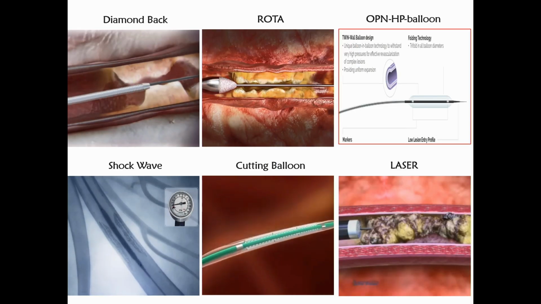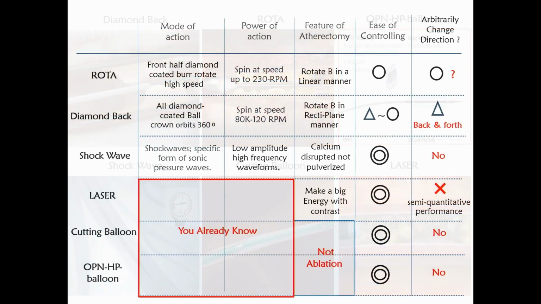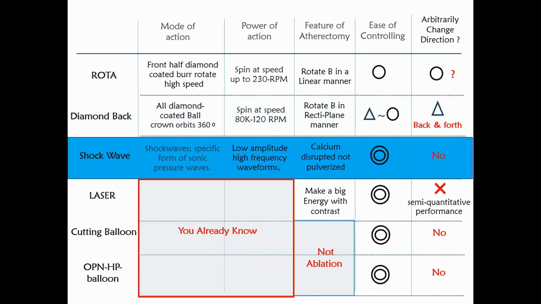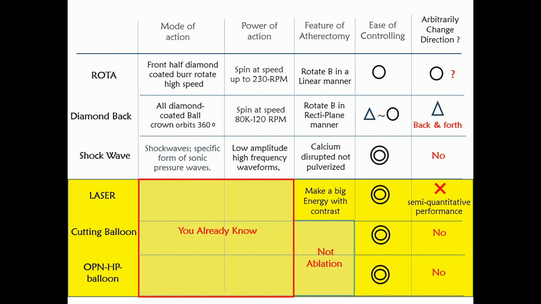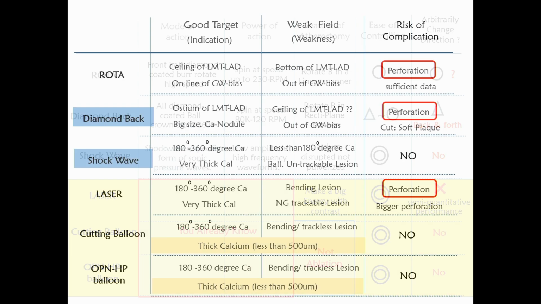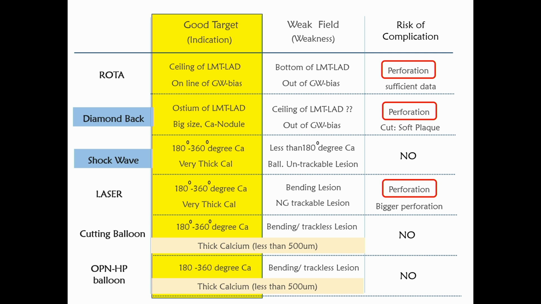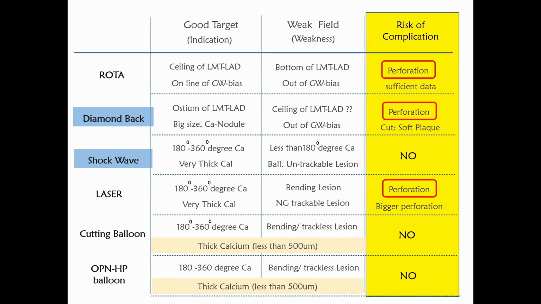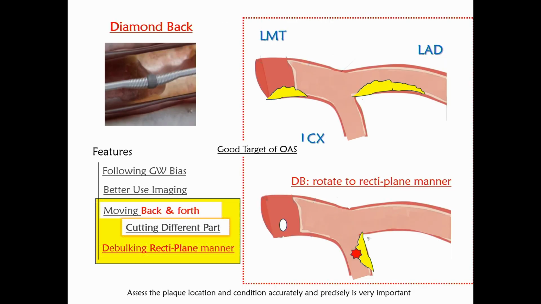Next, calcified lesion. Actually, each device has its own mode of action, power of action, features, ease of control, and ability to change direction. I'd like to introduce Diamondback and Shockwave: good targets, weak targets, risk of complication. First, Diamondback.